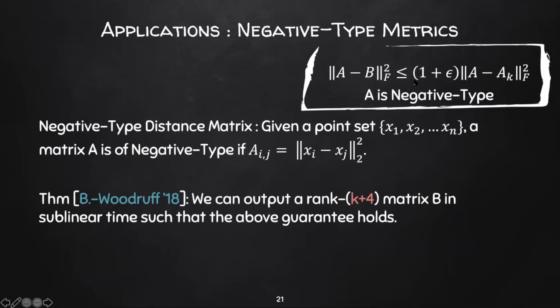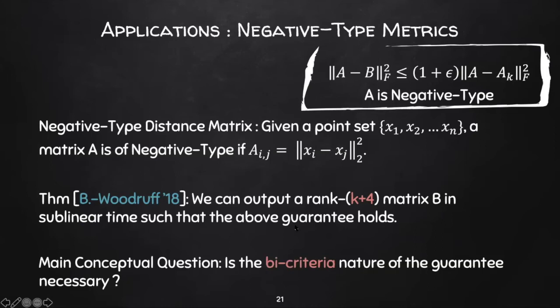In comparison to the actual low rank approximation problem, we now output a rank k plus 4 matrix instead of a rank k matrix, and this guarantee is called a bicriteria guarantee. And the main open question in this work was whether the bicriteria nature of this guarantee is necessary.